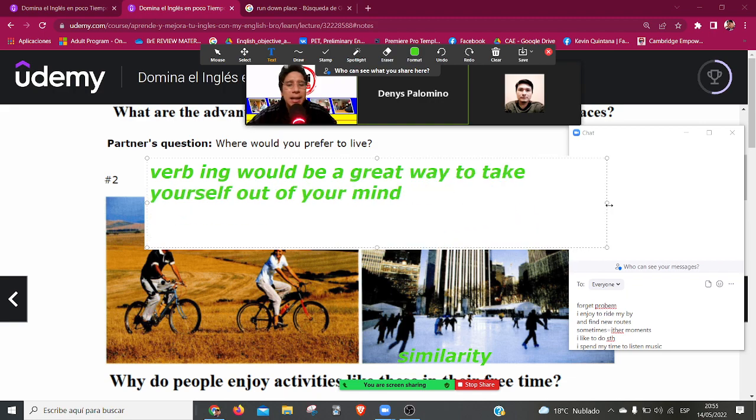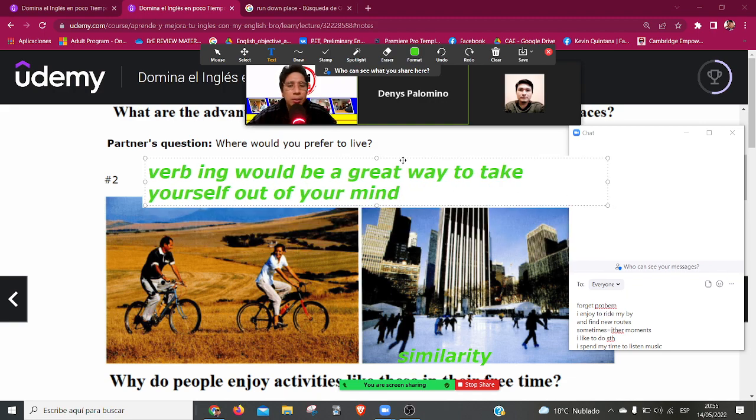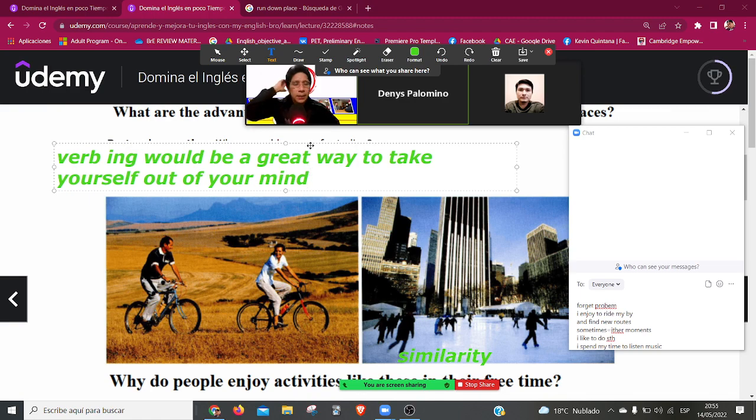To take your mind out of yourself means that the thing you're doing helps you to forget about your problems for this time. You see my point here?